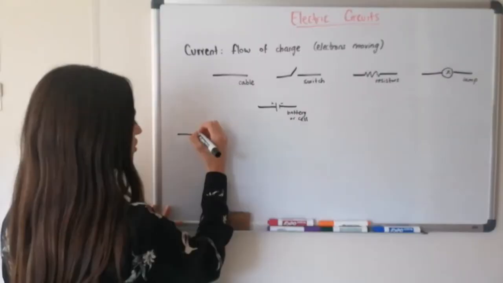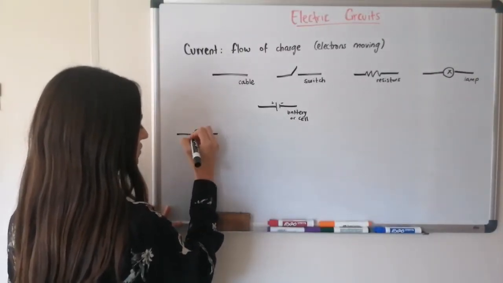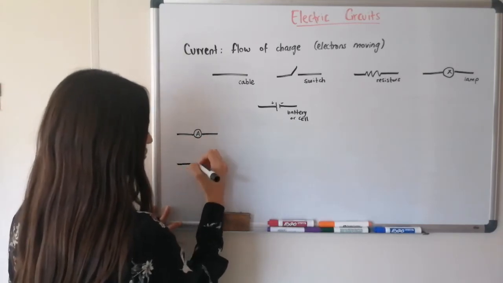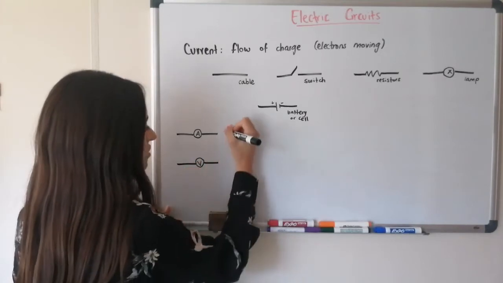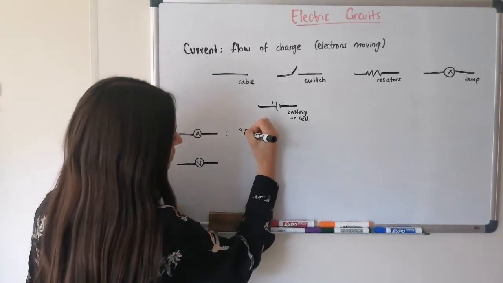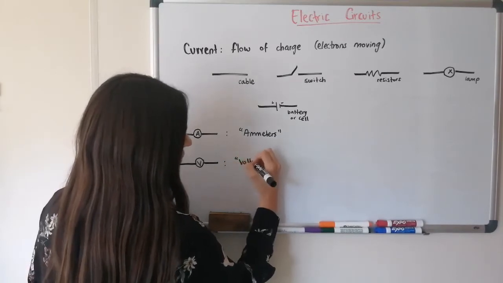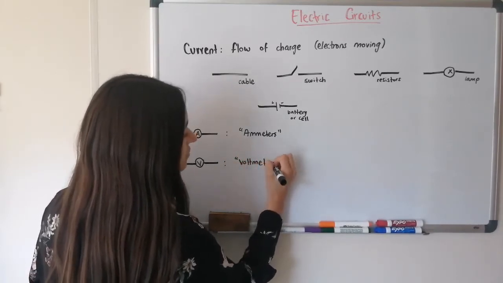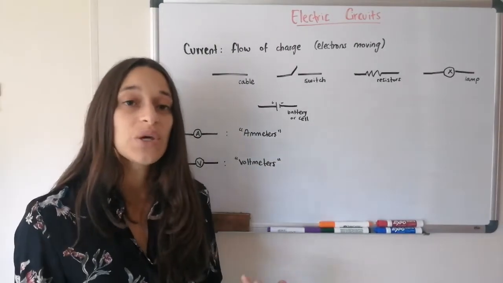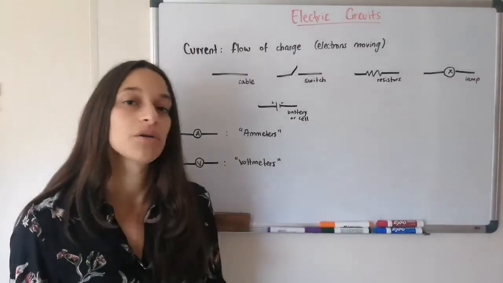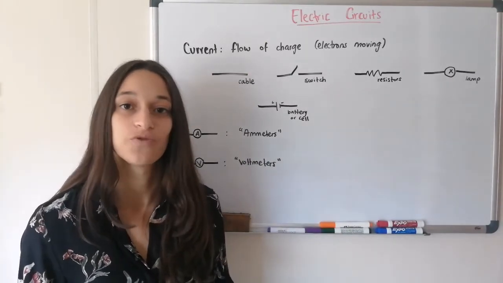An ammeter is drawn like an A inside a circle, connected to the circuit, and voltmeters are drawn as a V inside a circle, connected to the circuit. These are called ammeters, and these are called voltmeters. Because of the name, which sounds similar to the units that I just told you, you can guess that ammeters are components that measure current, and voltmeters are components that measure voltage.